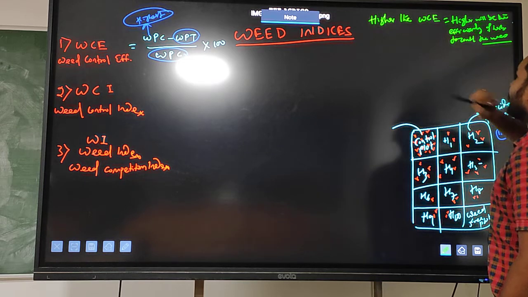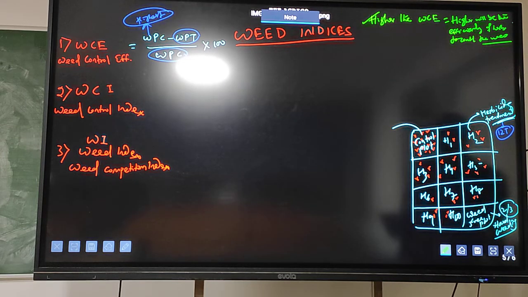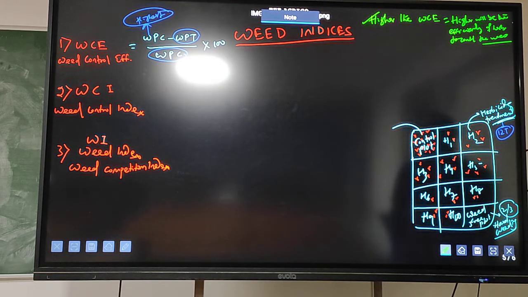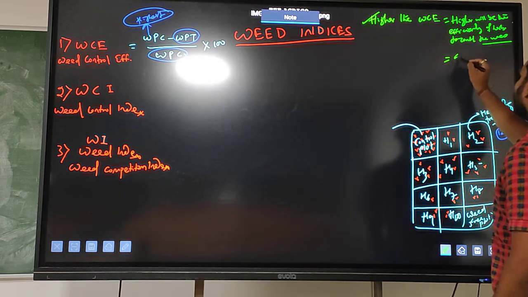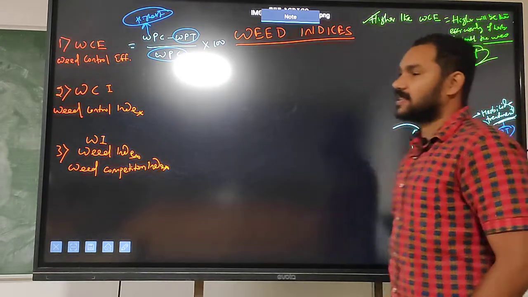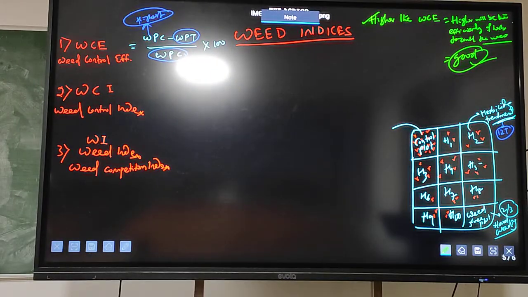Or we can say if the weed control efficiency is higher, then it is good. Yes or no? The higher the weed control efficiency, the better. So whatever herbicide we are using, I need the weed control efficiency to be more, then it will be more efficient and more beneficial.